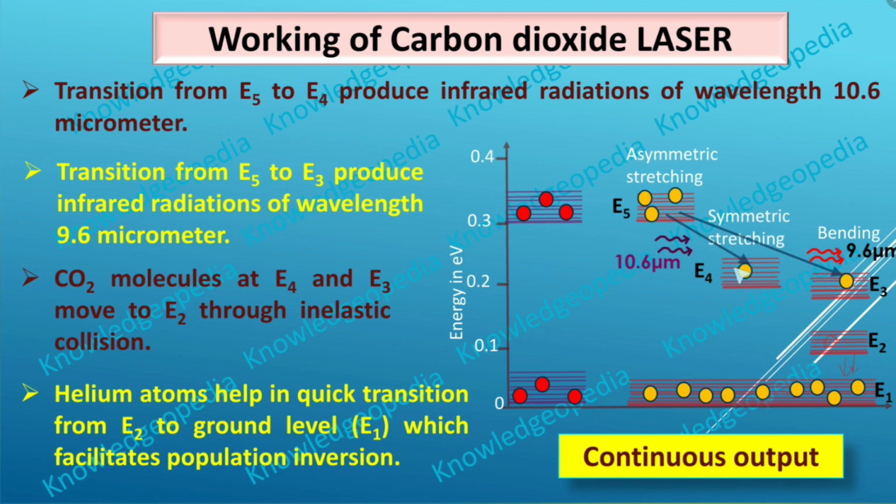The outputs we are getting in the carbon dioxide laser come because of the transition of carbon dioxide molecules from E5 to either E4 or E3. So these E4 and E3 are known as lower lasing levels, and E5 is the upper lasing level.